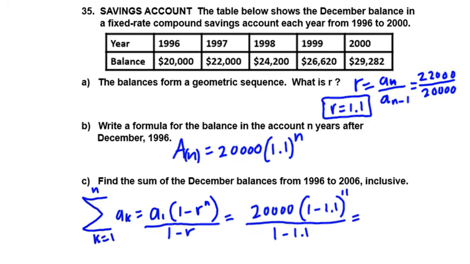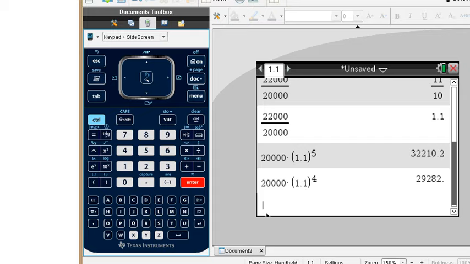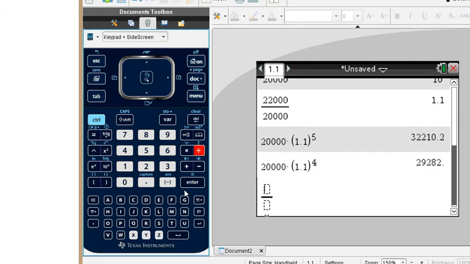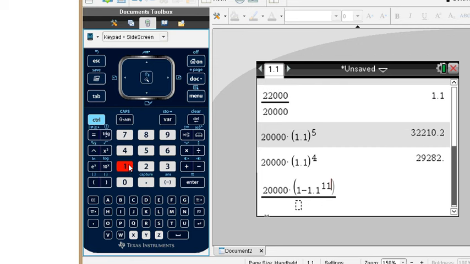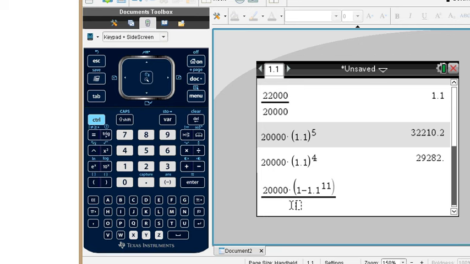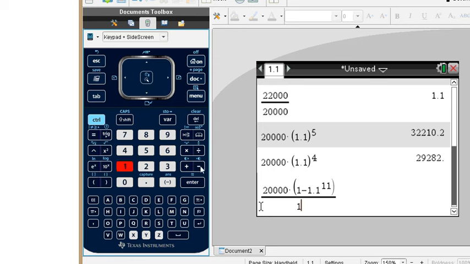And going in our calculator, let's do that. 20,000 times 1 minus 1.1 to the power of 11 over 1 minus 1.1.